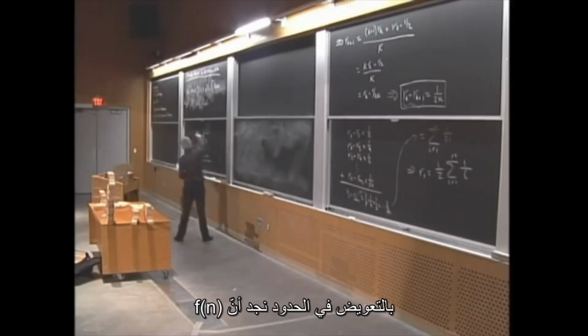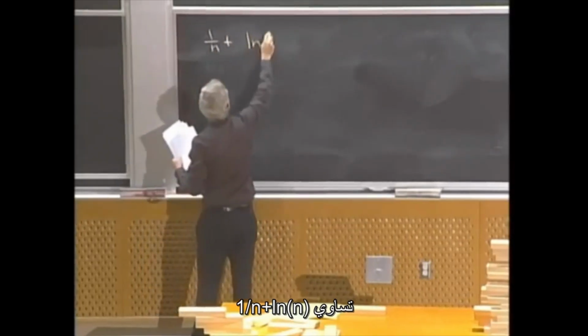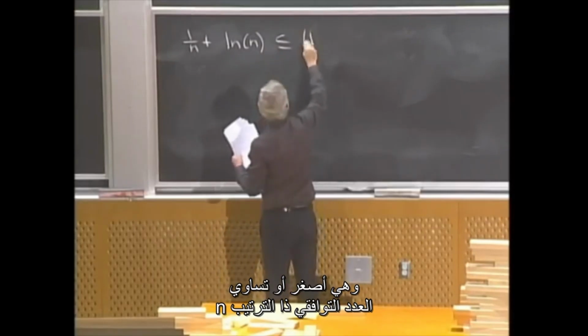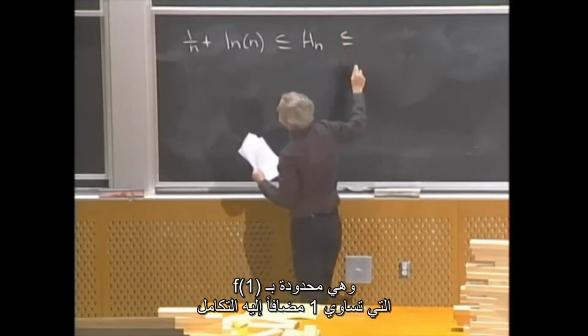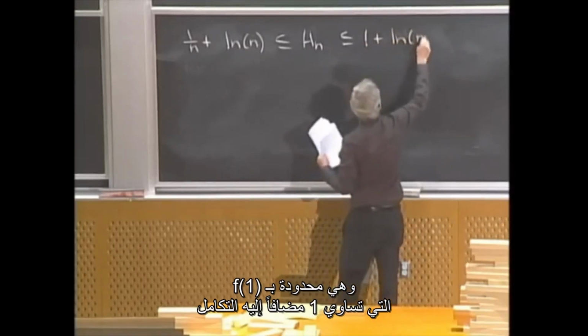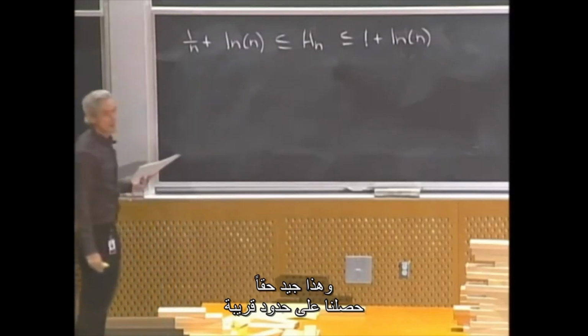Okay, so plugging in to the bounds, f of n is 1 over n plus the integral, log of n, is less than or equal to the nth harmonic number, and it's upper bounded by f of 1, which is 1, plus the integral. All right, so that's really good. We got very tight bounds.